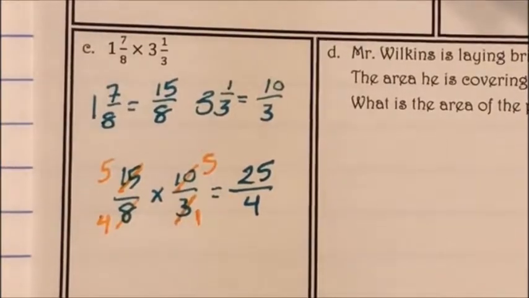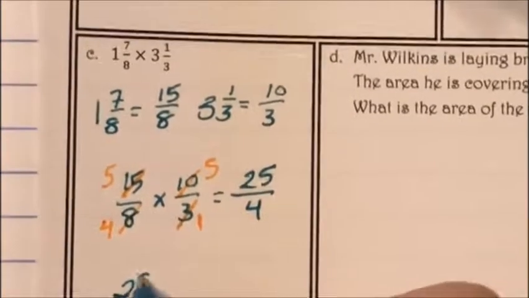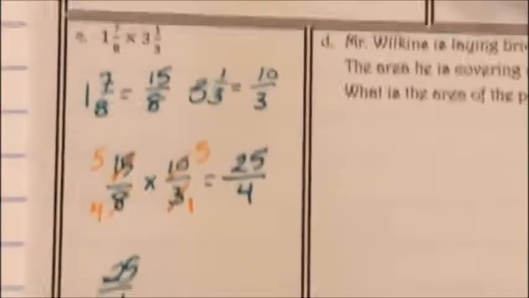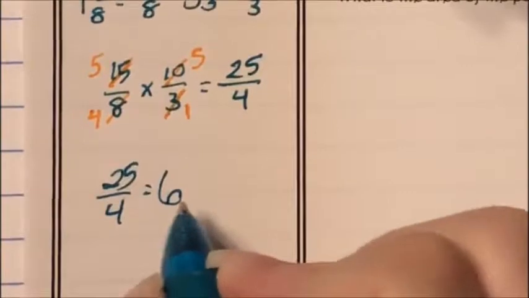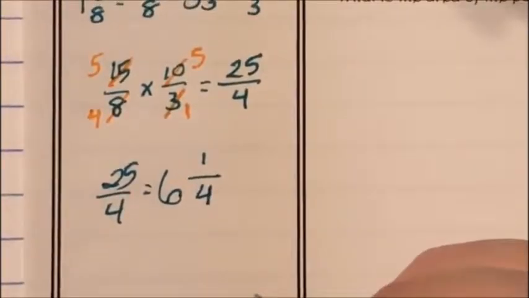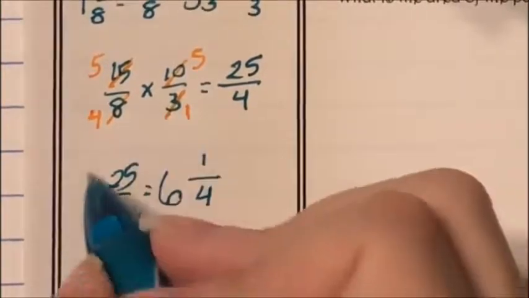Then I can ask myself, how many times does 4 go into 25? Okay, so I get 25/4 equals 6, with 1 left over, and 4 as my denominator.